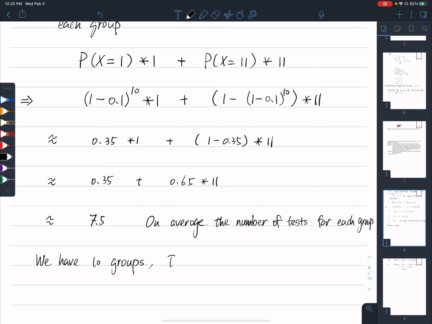So the total number of tests for the second method is 10 times 7.5, equal to 75 tests.